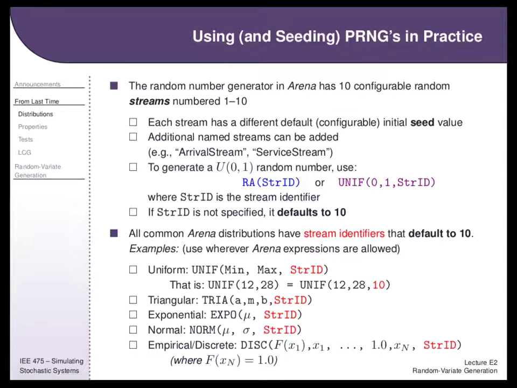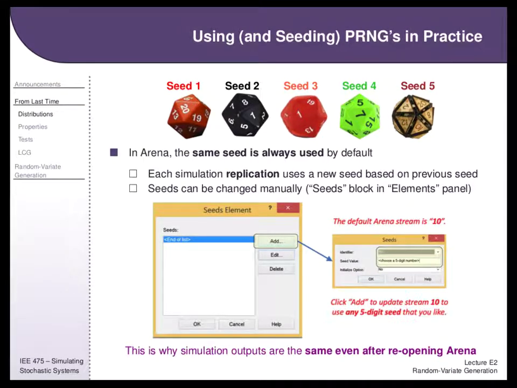Well, yeah, each stream. It's hard to read here, but if you went in, and we'll get into this more after the midterm, if you edit, in the seeds element, each of these, it says seeds here, but really these should be streams, and if you edit any of these options, you're given an option here that says identifier, and you can type in whatever you want, seed value, any 5-digit number you want, and then it has these other options, initialize option.